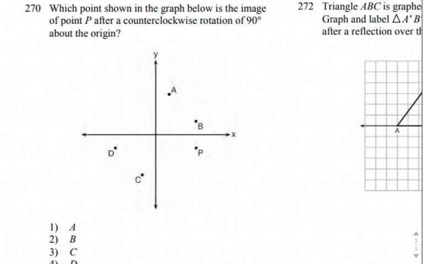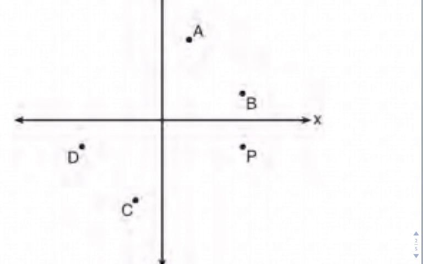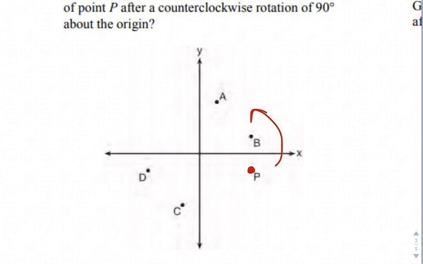270 says, which point shown in the graph below is the image of point P after a counterclockwise rotation of 90 degrees about the origin? So point P is here. Counterclockwise means I'm going this way. 90 degrees means I'm turning it once.